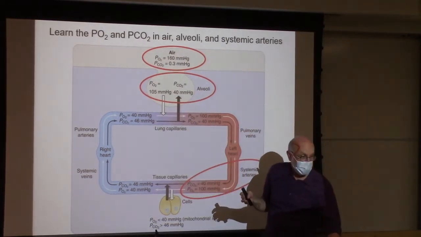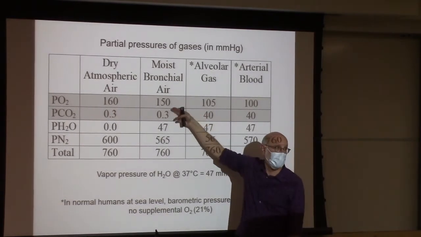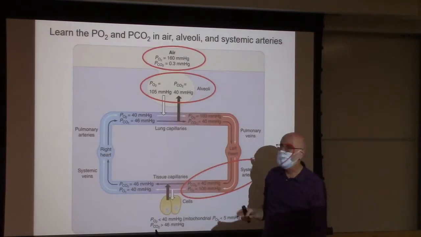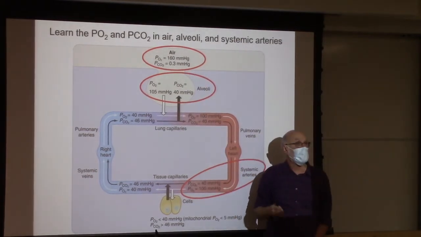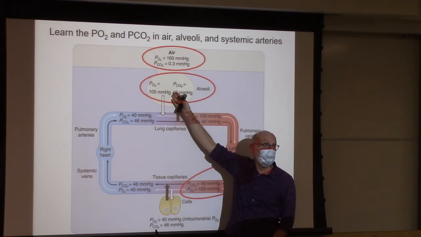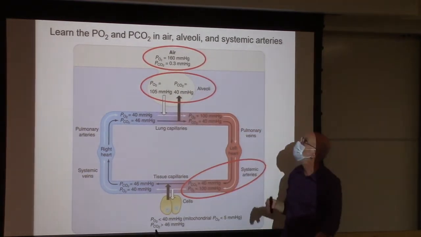If I were writing this book, I would use these numbers, but I didn't write the book, and so they're calling it air. I don't know why they're calling it air. That's not what's in contact with an alveolus. A bronchus is in contact with an alveolus, but nevertheless.